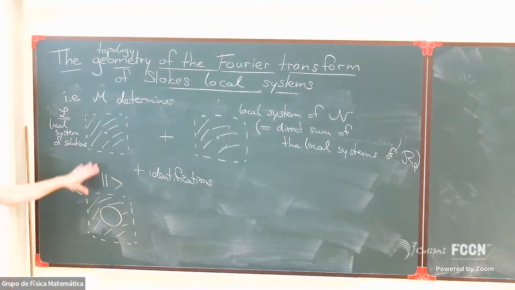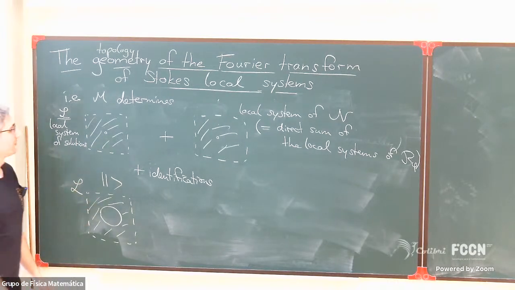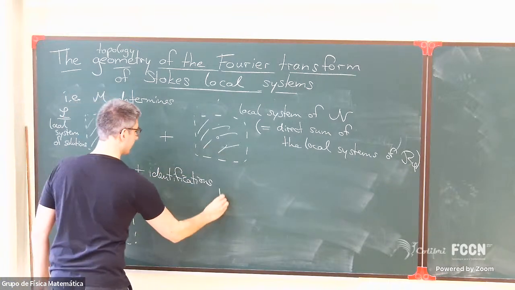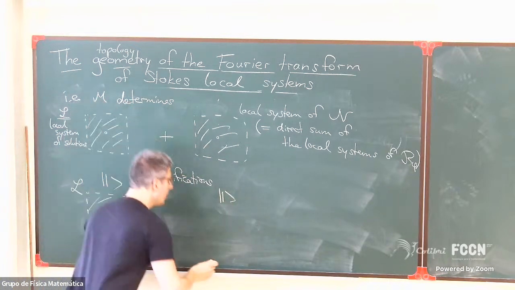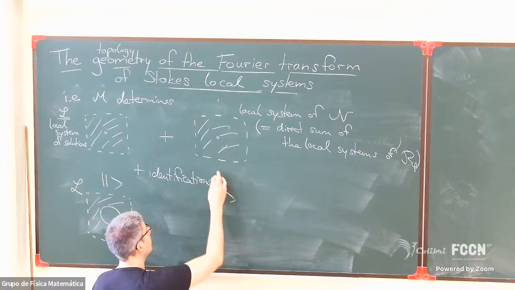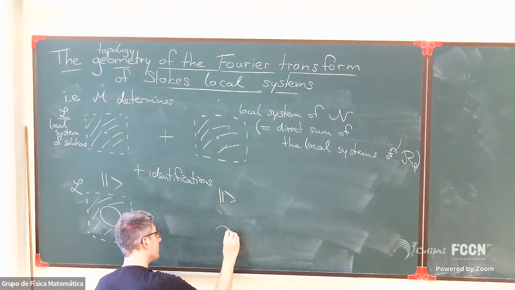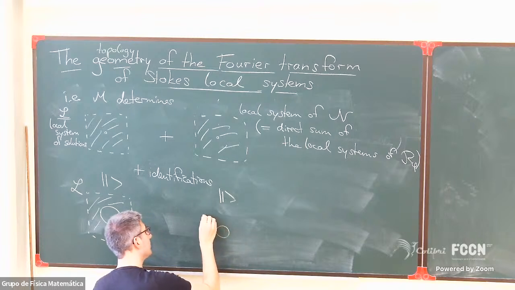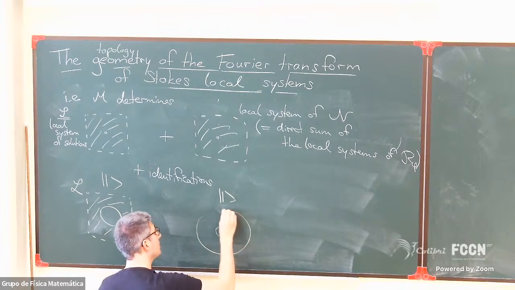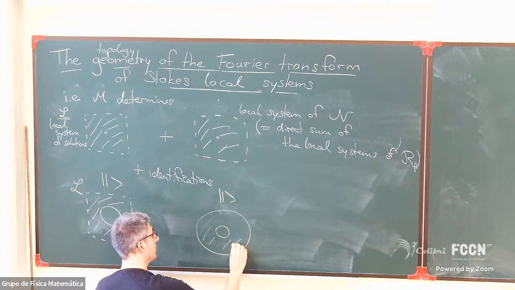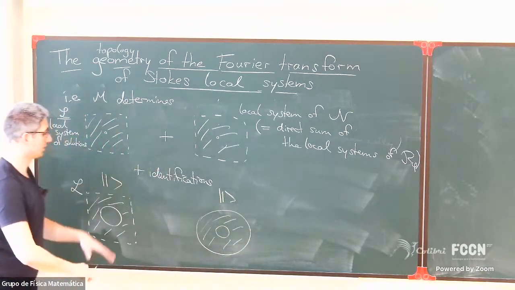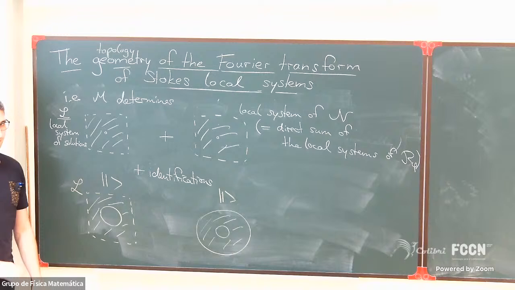I mean, it's just a small deformation. This thing, I can say, well, it's a thing on the punctured disk. I can also say this is the same as a local system on a space like this. And it's also just a small deformation.